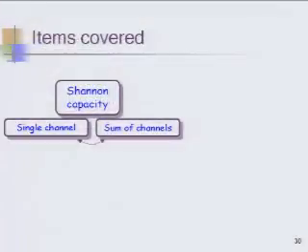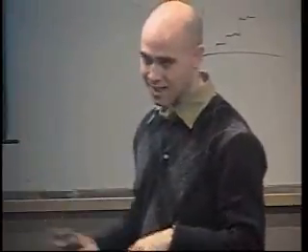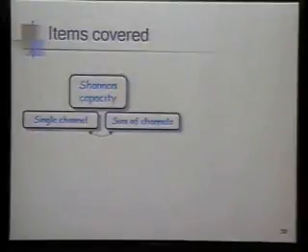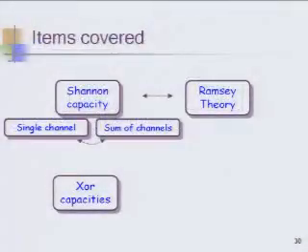And what have we shown? I'll say one last thing about the P powers in one slide, and this is the last but one slide, and then I'm done. We've discussed the Shannon capacity on one single channel and sums of channels, and showed that there are problems which relate to one another, and that everything is related to Ramsey theory.